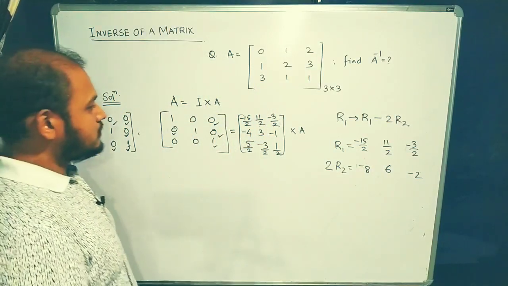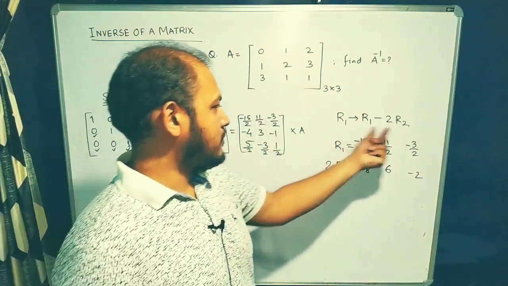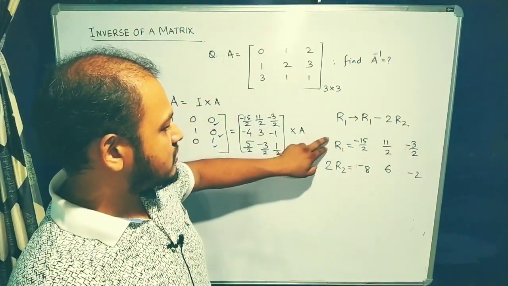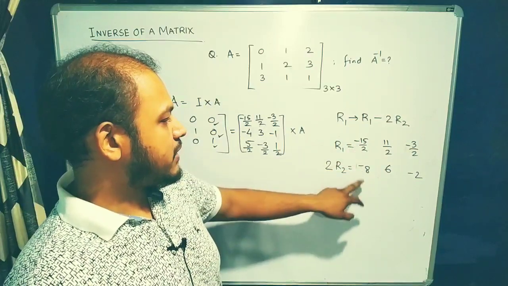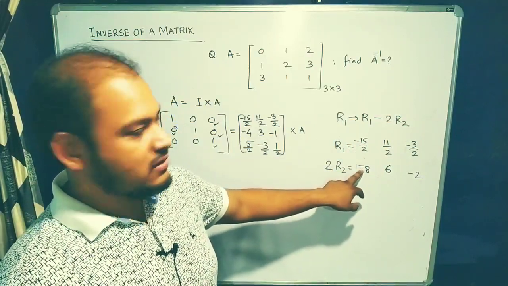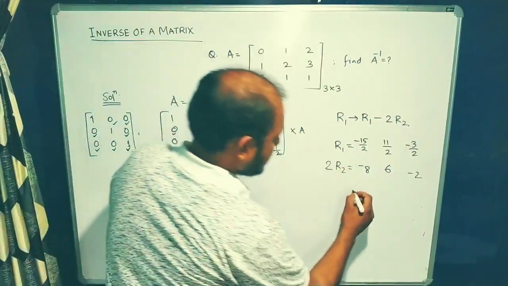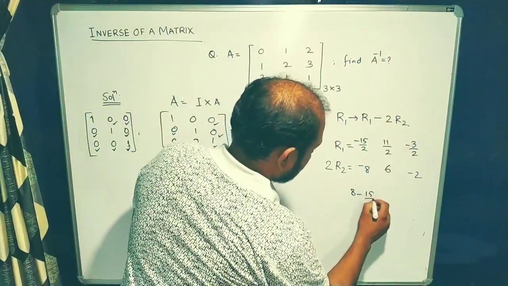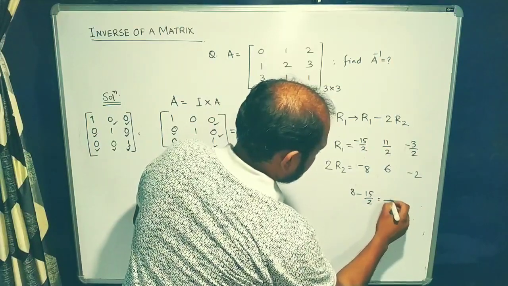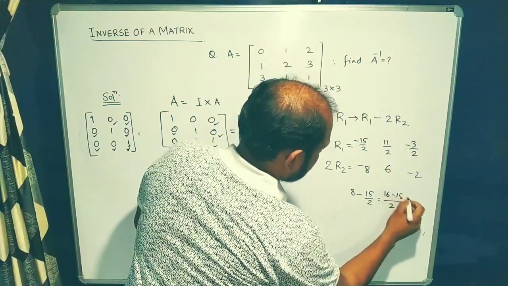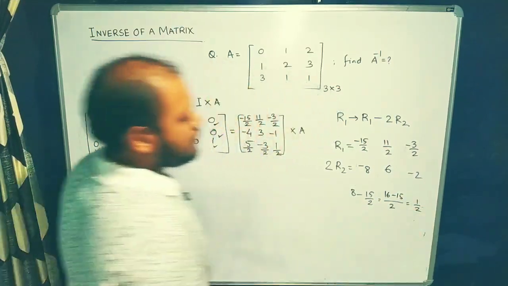So now first row is getting changed to R1 minus 2 R2. So this minus that, here is minus 15 by 2 minus of minus 8, that means minus 15 by 2 plus 8, or 8 minus 15 by 2, and this is equal to 16 minus 15, that is half.